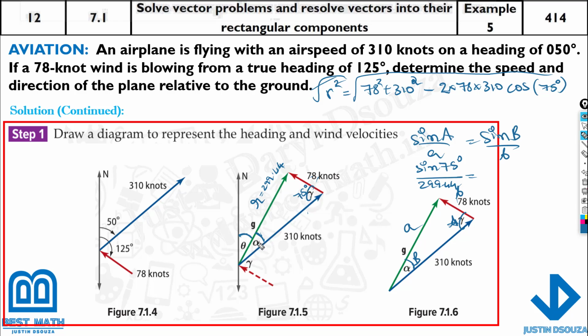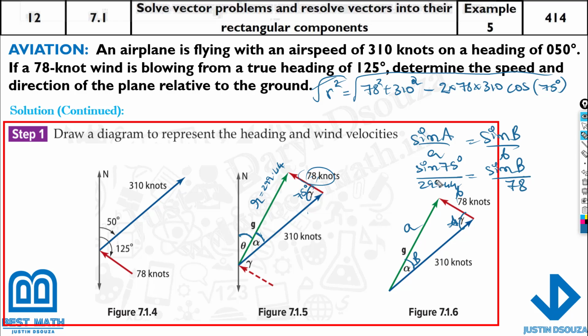We don't know this angle, so let us find that out. Sine of the unknown angle, let me write it as B only, divided by the magnitude 78. So put this in the calculator and you can find B. But for that, you need to take 78 to the other side.